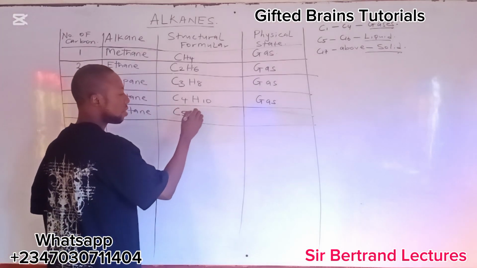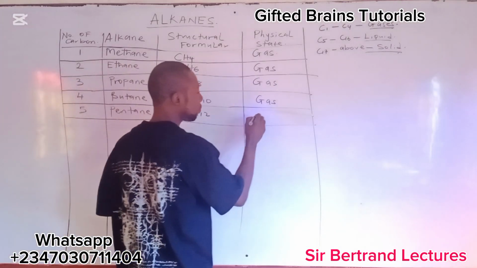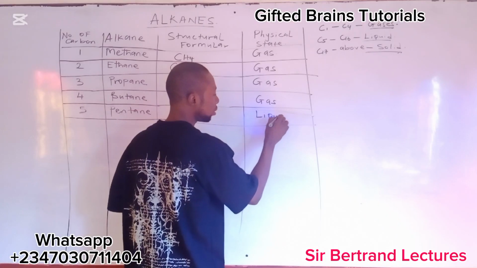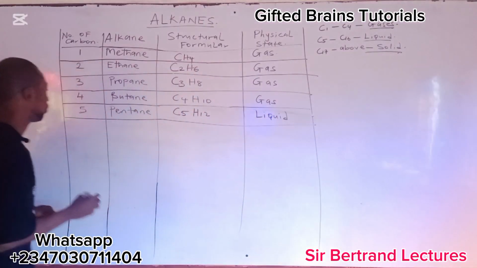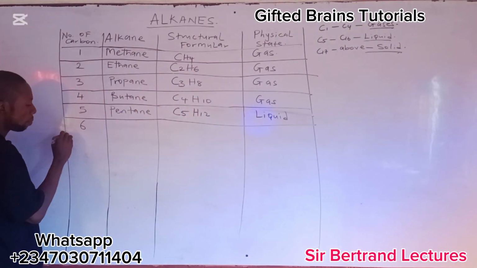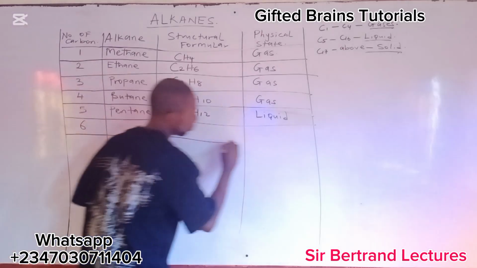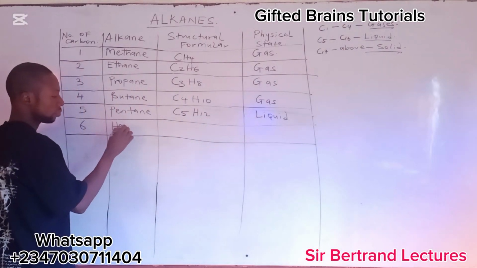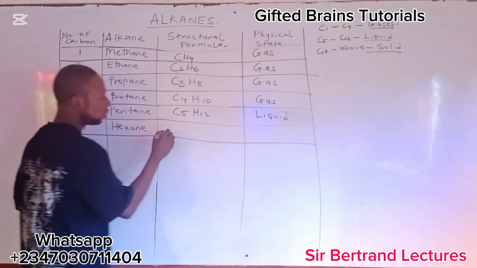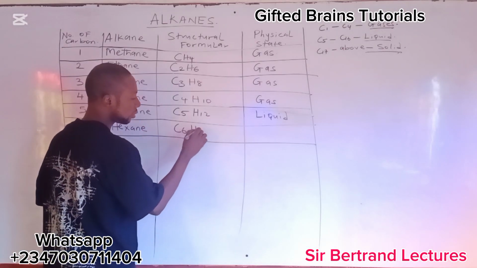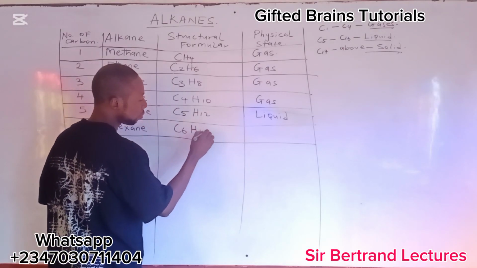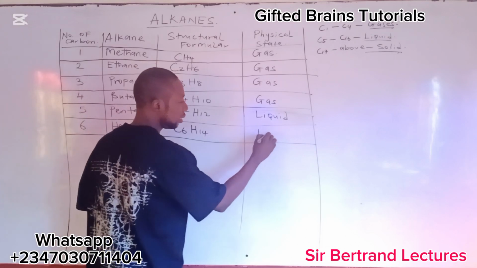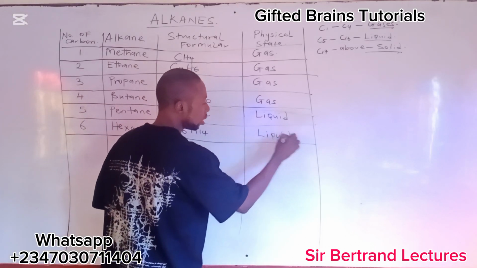This is C5H12, and this is liquid. 6 carbon atoms is hexane, C6H14, and is liquid.